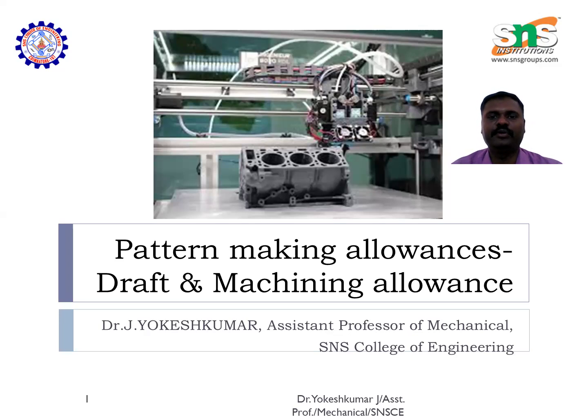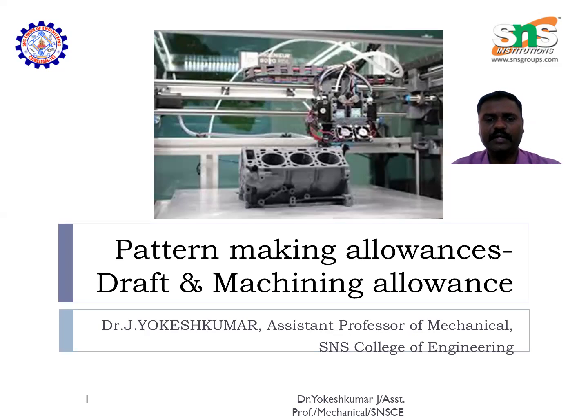In the previous video, we elaborately discussed allowances, why they are necessary in patterns, the various types of metal losses, what shrinkage is, why it happens in metal, and shrinkage for different metals, and how we provide shrinkage allowances for the pattern.